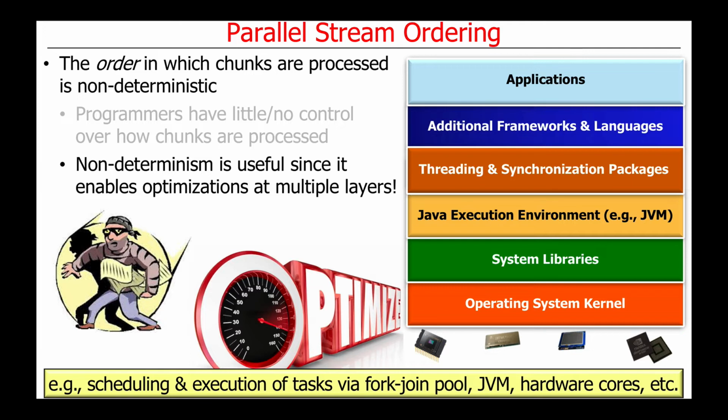The fork join pool can do all kinds of clever things, as we saw before, to do work stealing in order to try to make sure all the cores are kept as busy as possible. So by taking that out of your hands, the system can do a more effective job of optimizing things that you might otherwise struggle with and probably get wrong, because you don't have as much experience, perhaps, as the people who built the infrastructure, software and hardware. So that's actually a good thing.